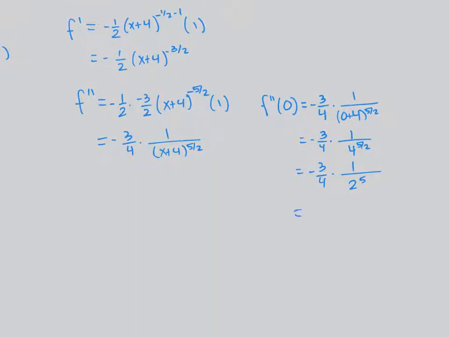So this is just negative 3/4 times 1 over 32, which simplifies to 3 over 128. And it should be positive because I forgot to change that to a positive sign, since negative 1/2 times the negative 3/2 is positive.